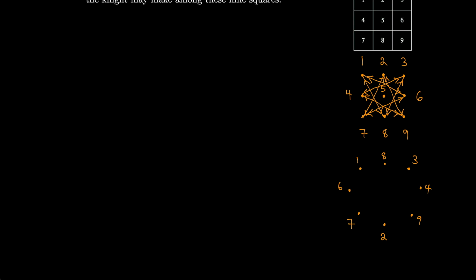Each of these goes to each other, so it's just like one big happy circle. And that makes it a lot easier to see what's going on. So both of these pictures represent the same graph.